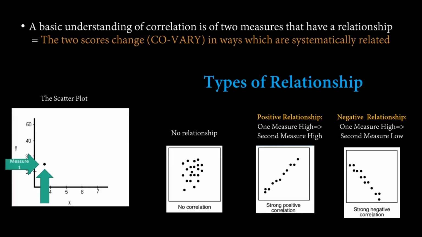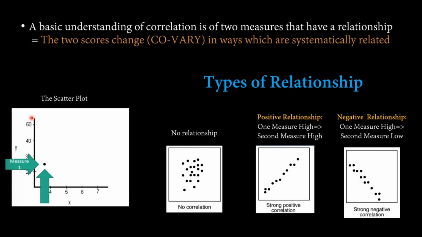So let's explore just a little bit what a systematic relationship means. The first thing one can say, as a basic understanding of correlation, is that two measures have a relationship. In other words, the two scores change, or if you like, co-vary, in ways which are systematically related. The best way to understand this is to look at a scatter plot. So here I have a scatter plot.